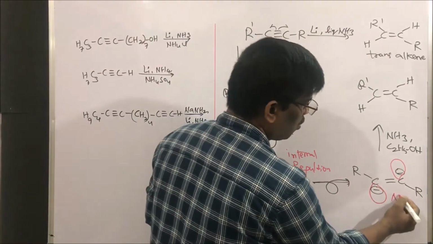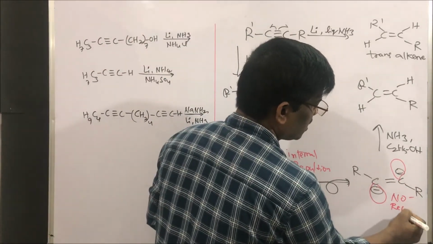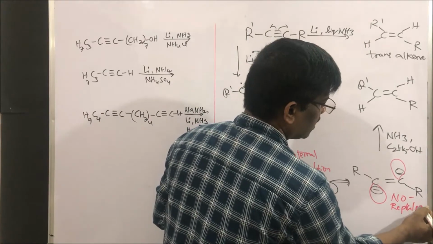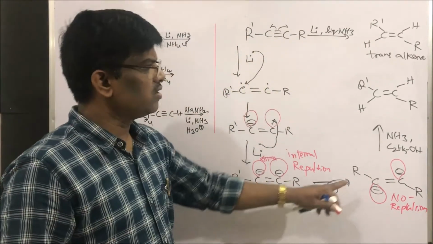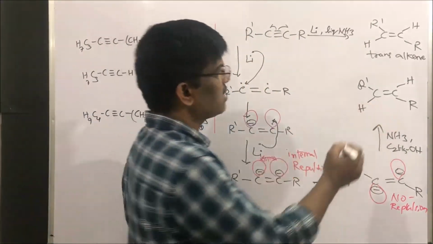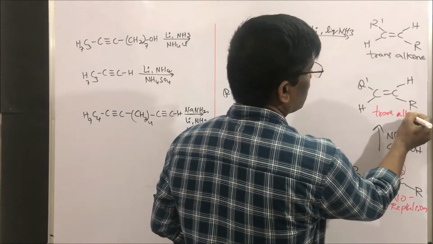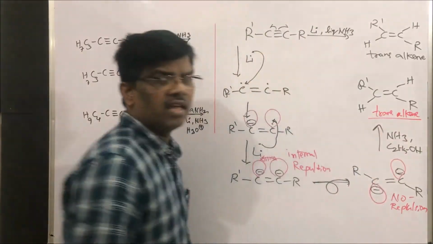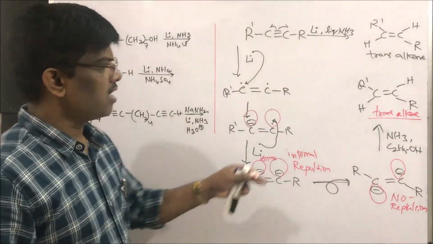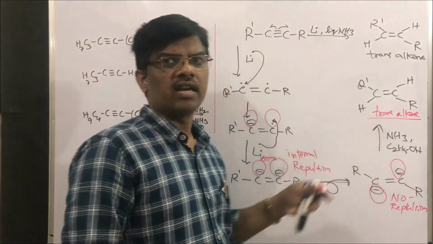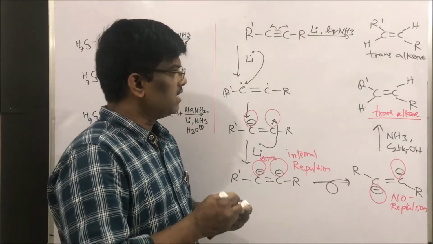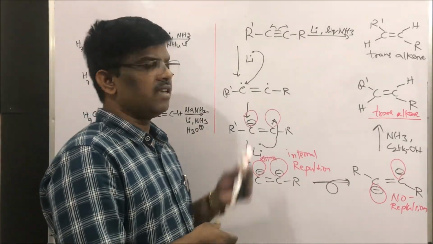There is no repulsion here, isn't it? That is why we are getting trans-alkene. It is a very important concept, students. So let us take some examples and see.